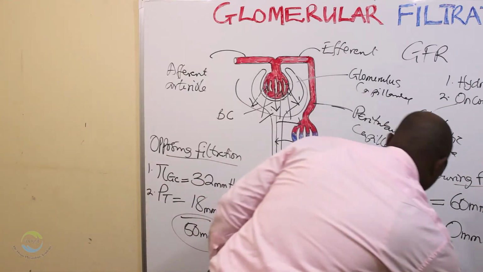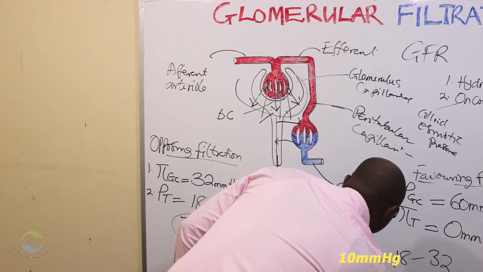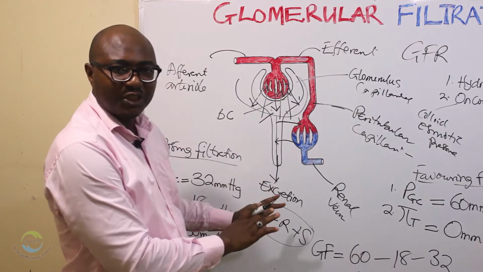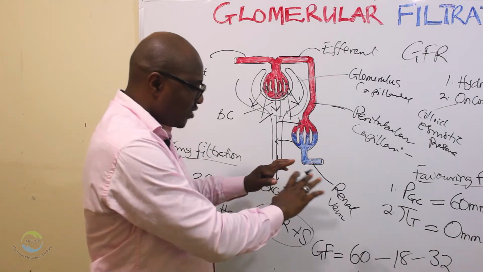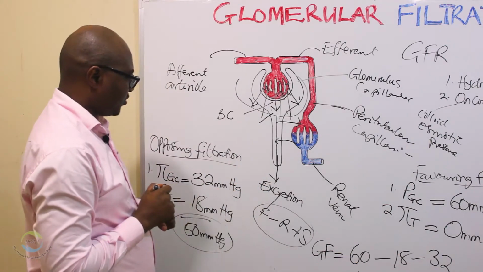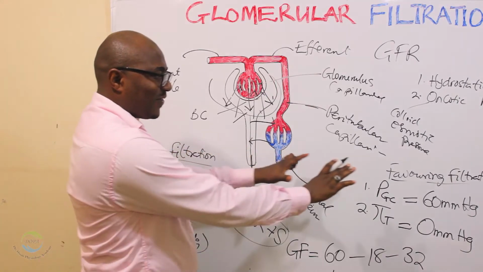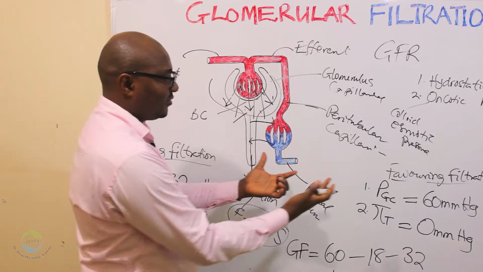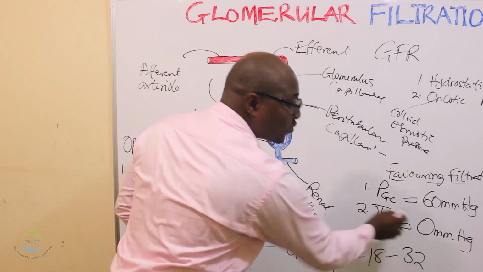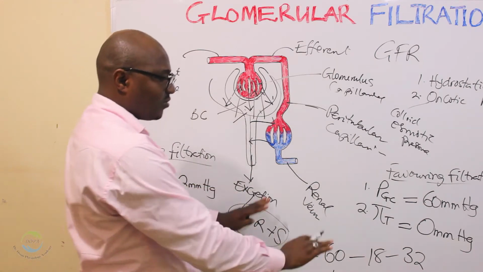So gives us 10. So this is the glomerular filtration pressure, the overall net filtration pressure at this glomerulus. So is that clear? All right? So the factors that favor filtration, fortunately, it's very high here, despite the fact that this one is 0. Then this one, 50. So we are done with that.